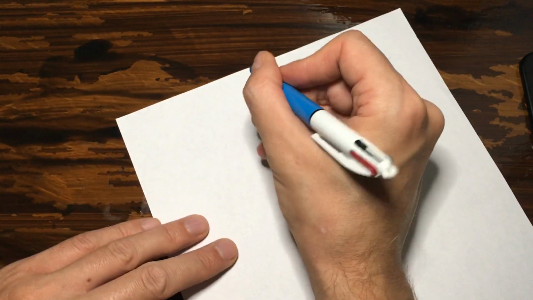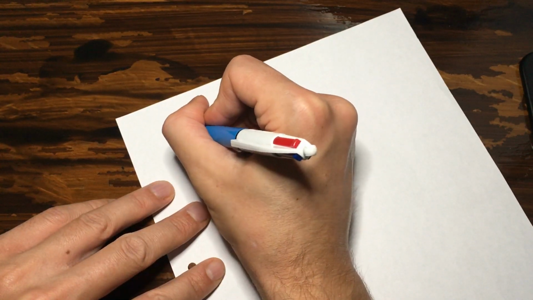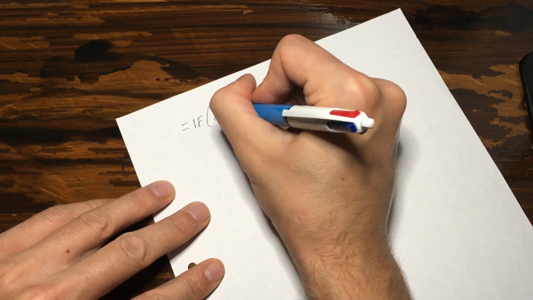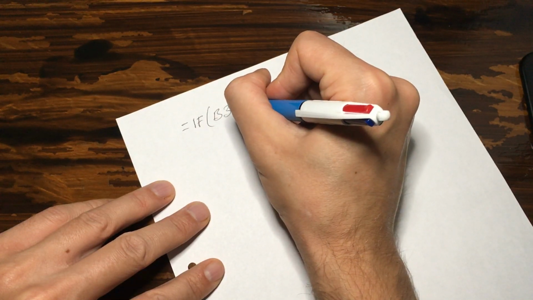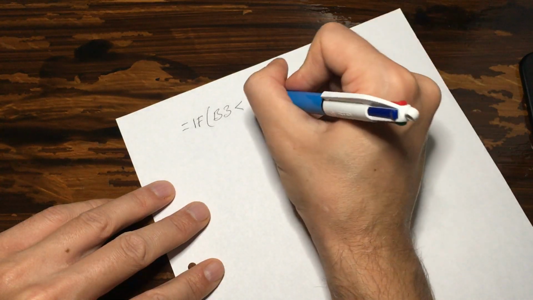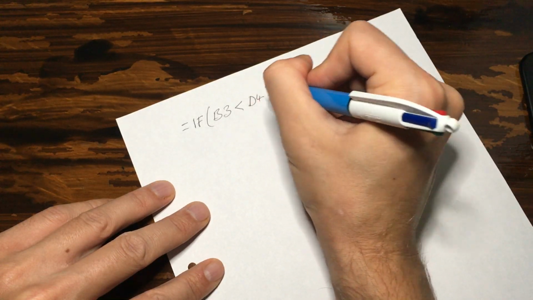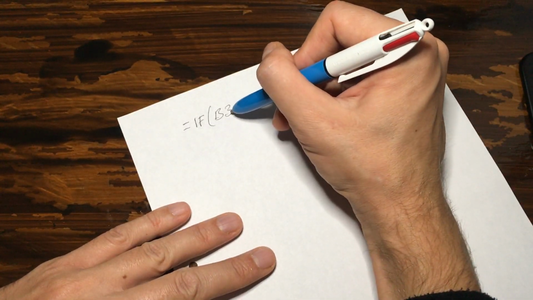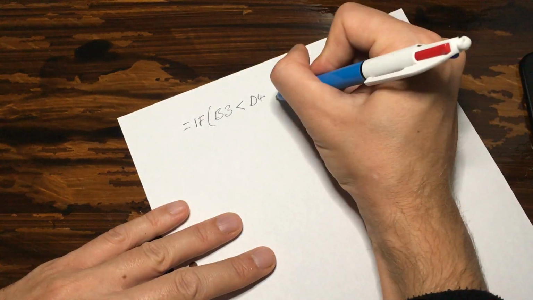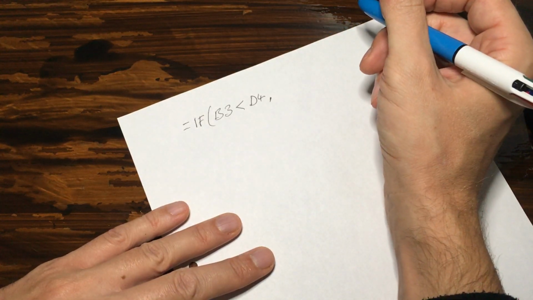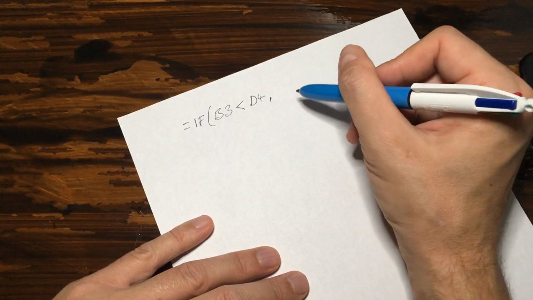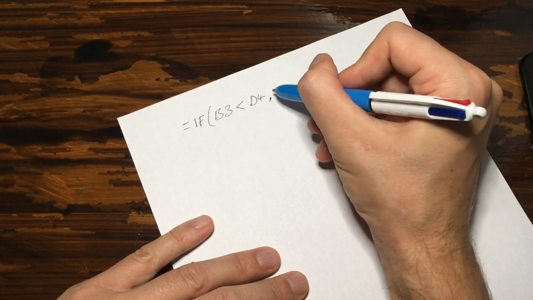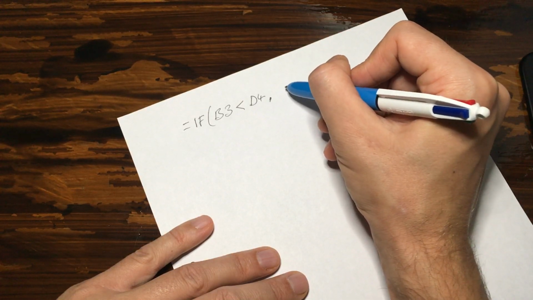I'm just gonna continue on with another example. So let's say we do equals IF, and I'm just gonna do if B3 is less than D4. So you can see I'm using two cells and saying if this one is less than this one, then I'm going to put a comma, and I'm going to do a mix of things here. Now, with the comma, what I'm going to do is add another function inside of here, and this is going to be interesting.